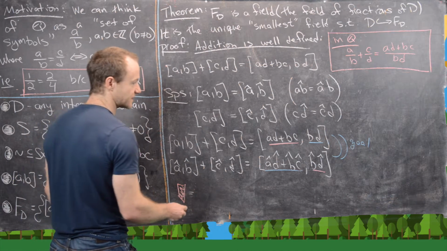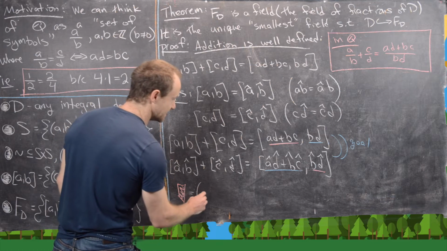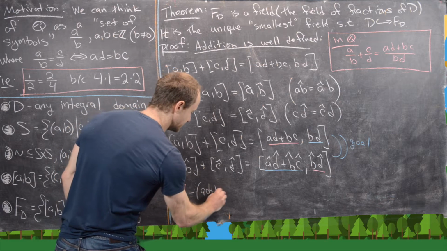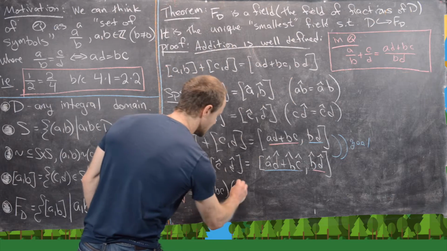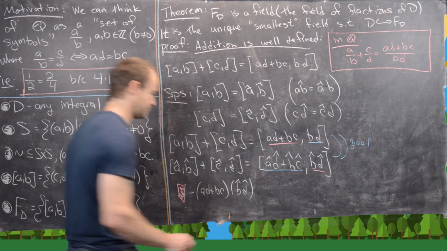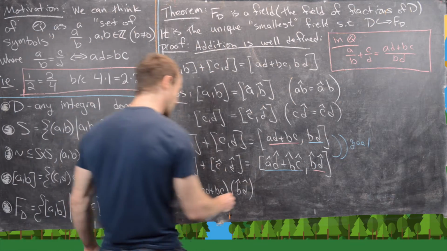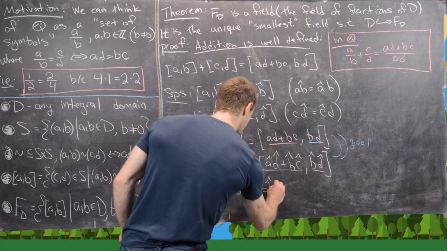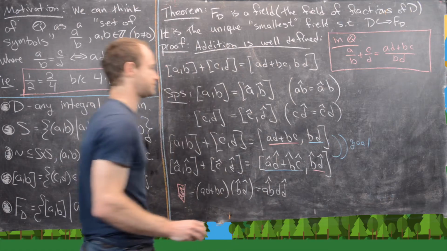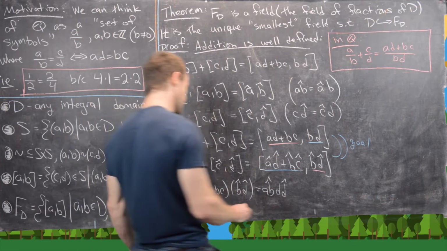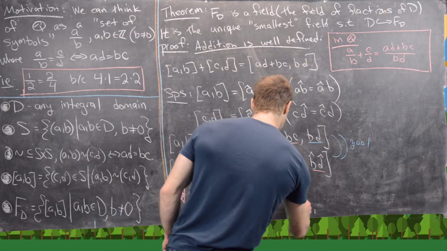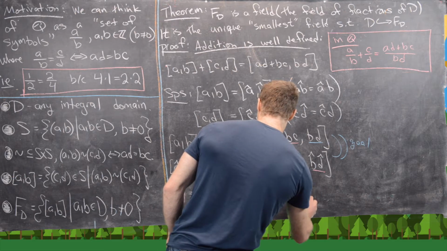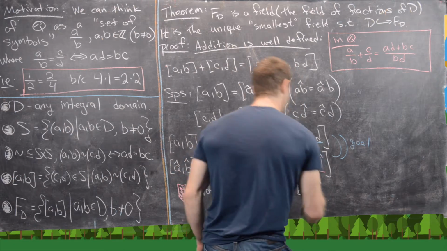So notice the product of those pink objects is AD plus BC times B hat D hat. Great. So notice we can multiply that out. That gives us A B hat D D hat. Great. And then plus B B hat C D hat.